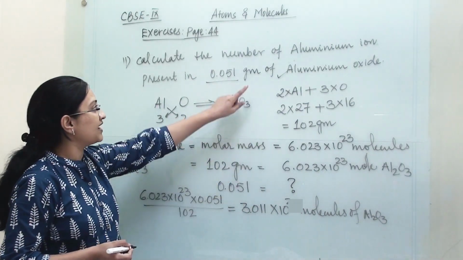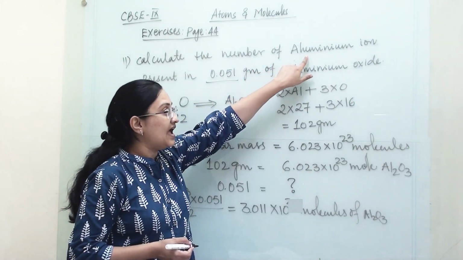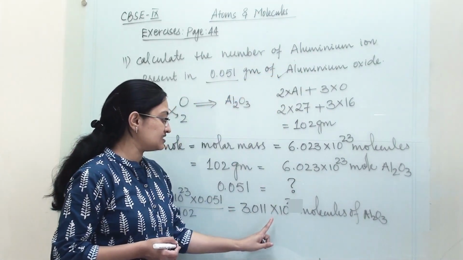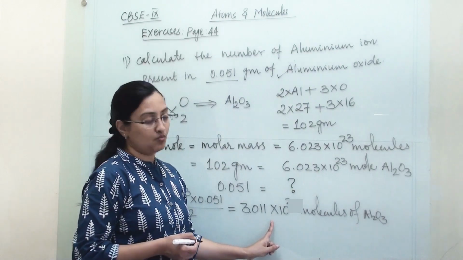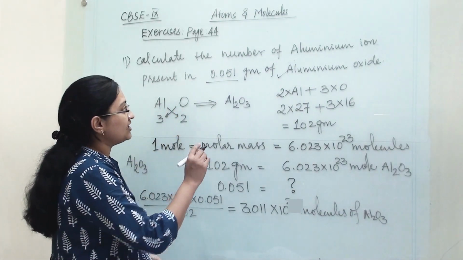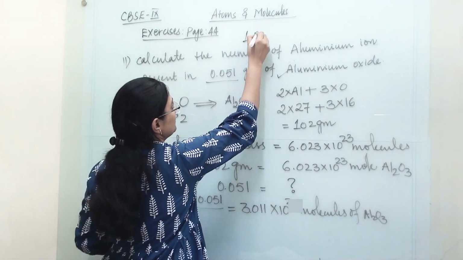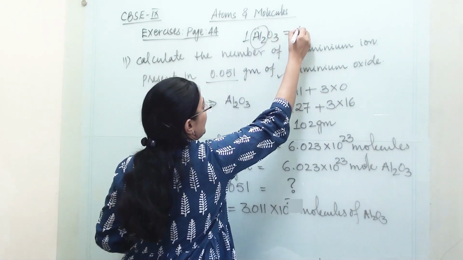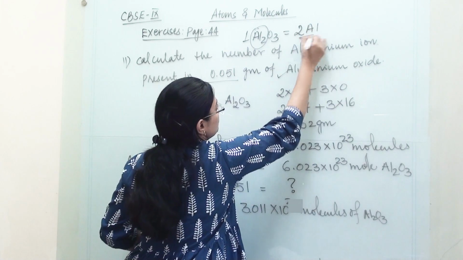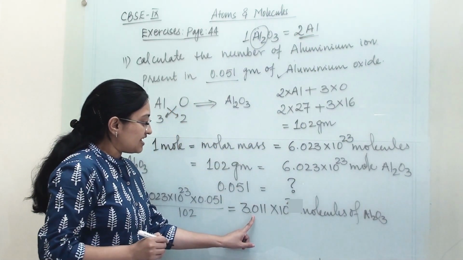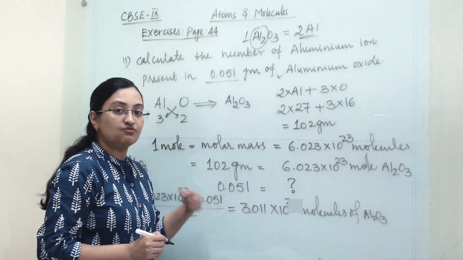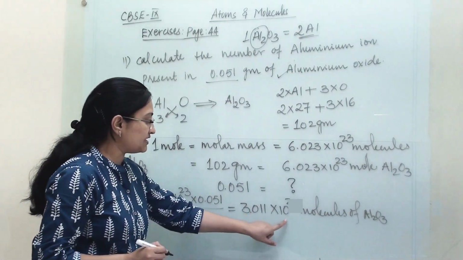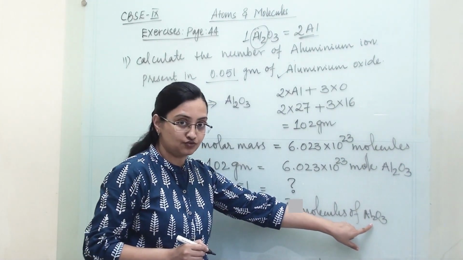Now we have to find out how many aluminium ions are present in this many molecules. One molecule of Al2O3 has 2 aluminium ions. So simply we multiply these molecules by 2, because this represents molecules of Al2O3.